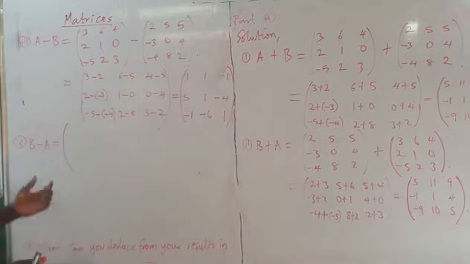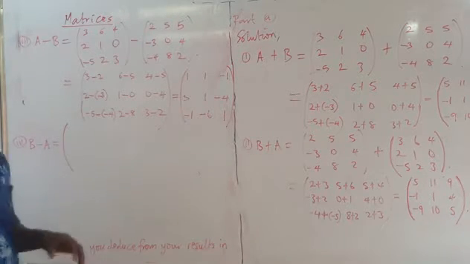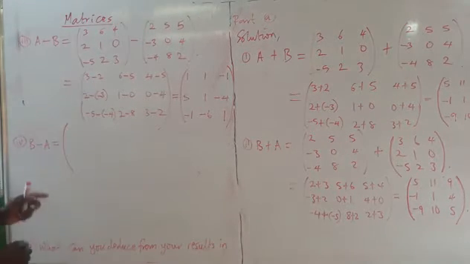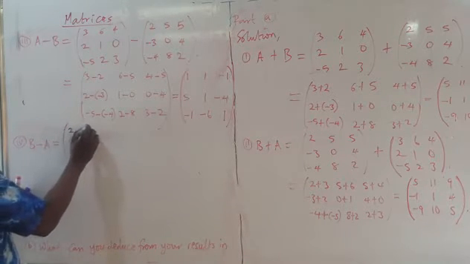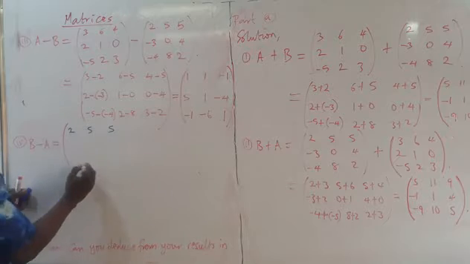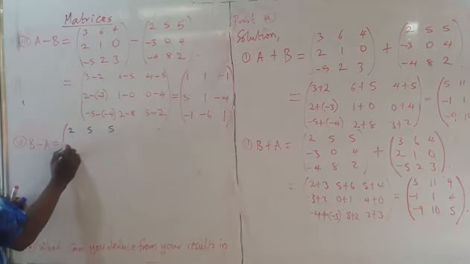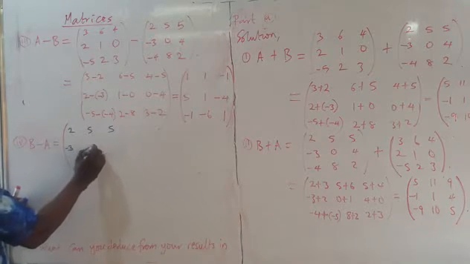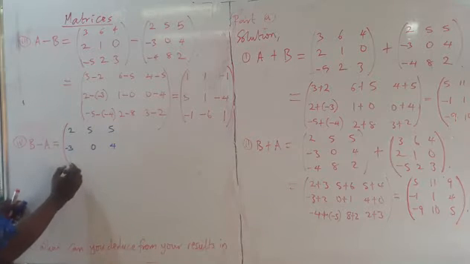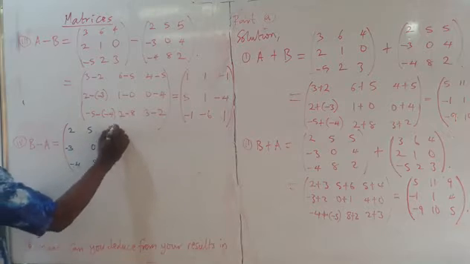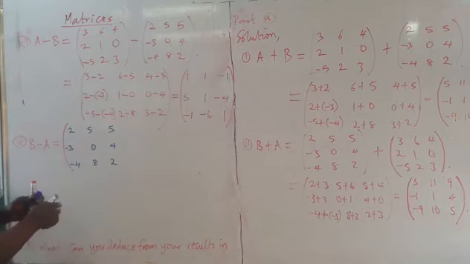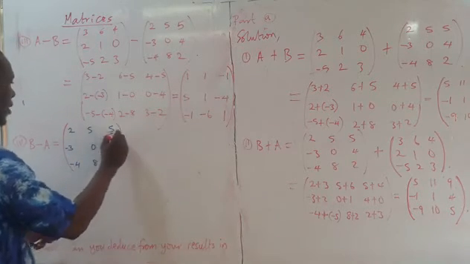We move to the next one, which is B minus A. So we are going to write matrix B. We have 2, 5, 5. That's the first row. Second row, minus 3, 0, 4. Then the third row, we have minus 4, 8, 2.